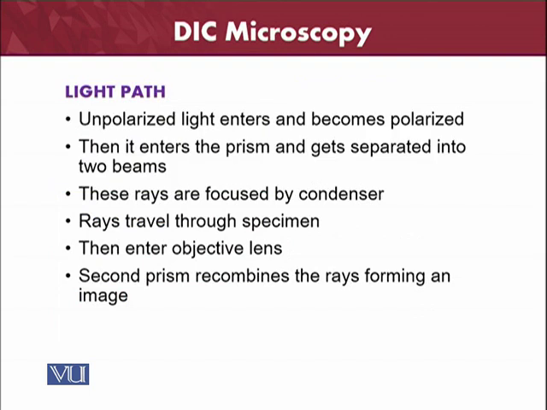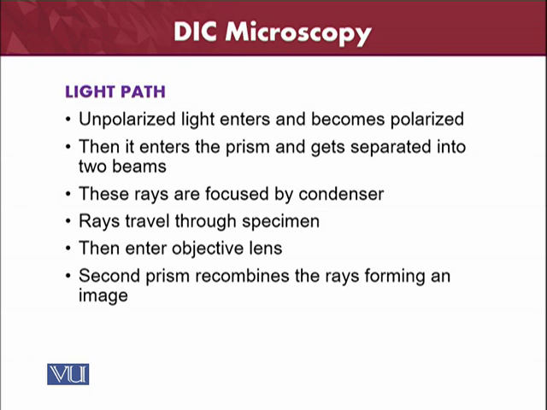What is the principle of DIC microscopy? Light path: unpolarized light enters and becomes polarized. Then it enters the prism and gets separated into two beams. A special kind of prism is used, which splits the light into two different beams. These rays are focused by the condenser. The condenser condenses the two beams, and then the rays travel through the specimen.